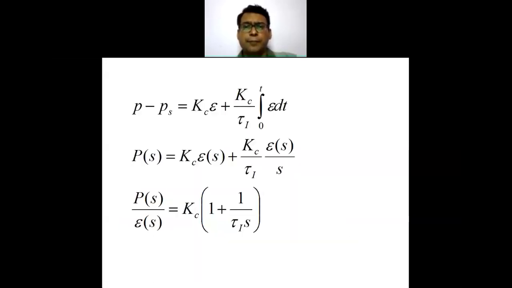So capital PS is the output, which is equal to Kc. This is proportional term and this is the integral term.